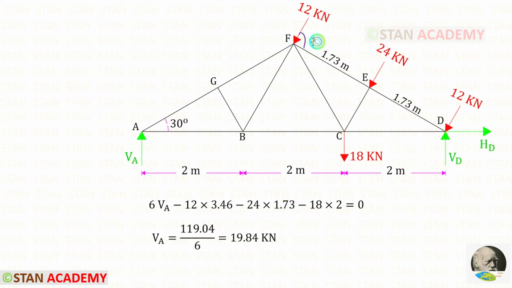Since this angle is 90 degree, no need to resolve these loads, and we can just multiply with the distances. For VA, we will get 19.84 kilonewton.